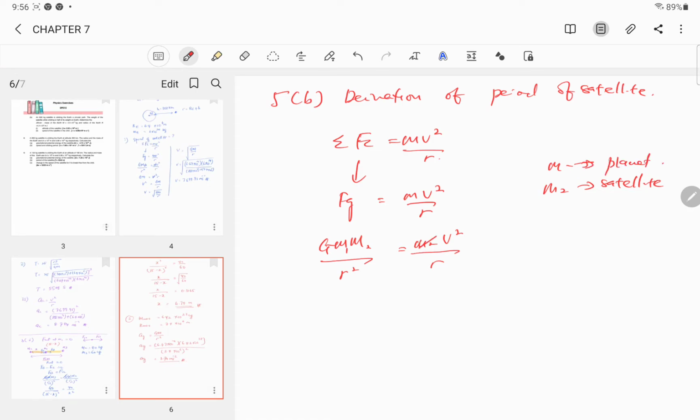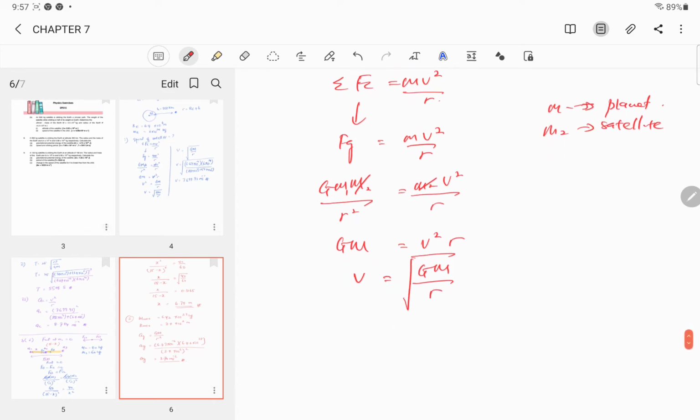Okay, so we can cancel off m2. So we have GM equal to v squared r. Okay, GM equal to v squared r. Okay, so v equal to square root of GM over r.